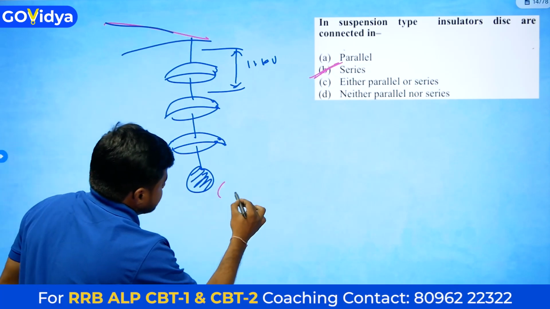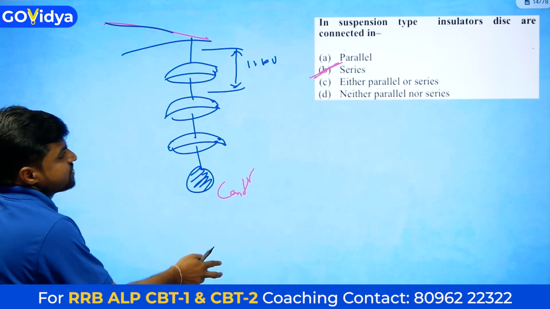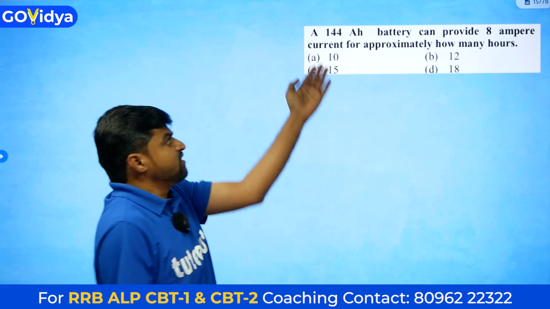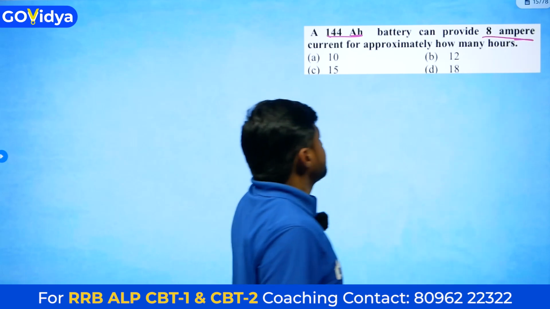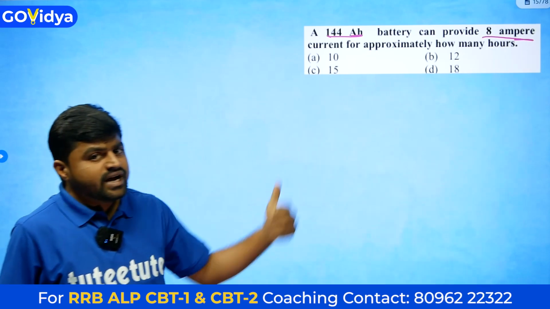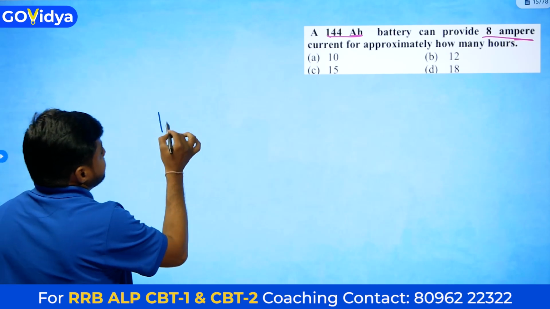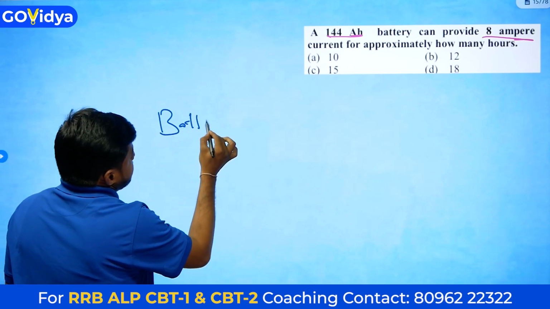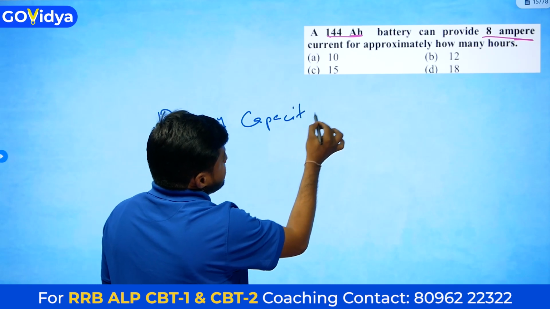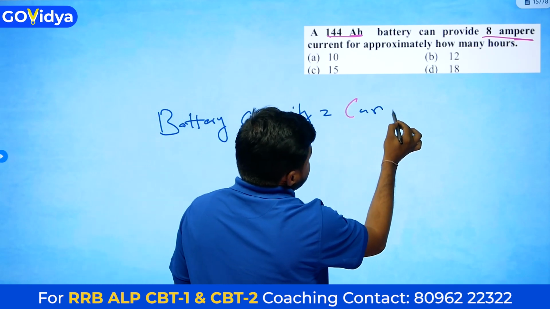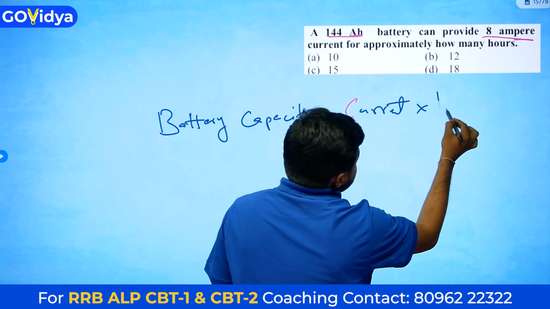This is the conductor. Next question. A 144 ampere hour battery can provide 8 amperes current for approximately how many hours? Battery capacity is equal to current into discharge time.